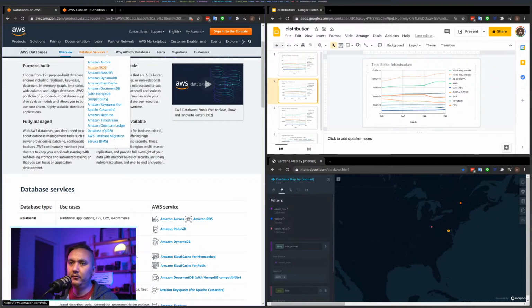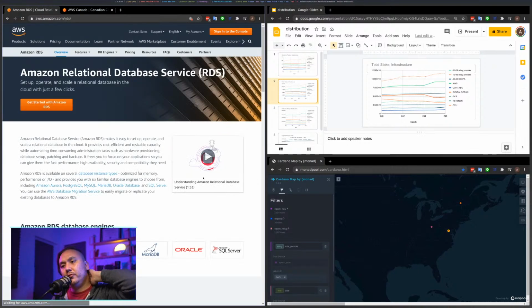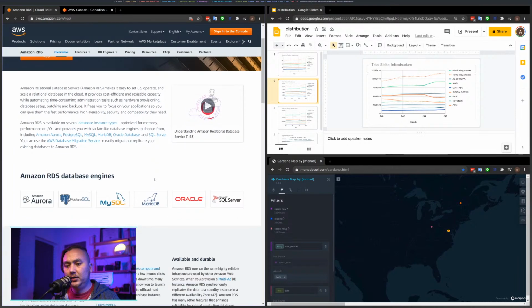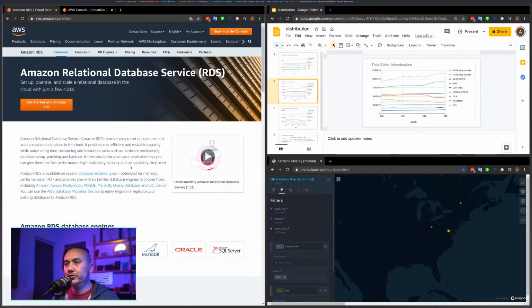I use a lot of RDS and Redshift at work. More recently, Athena is a different thing, but these are super performant, really scalable solutions for keeping track of any kind of database data you want to.